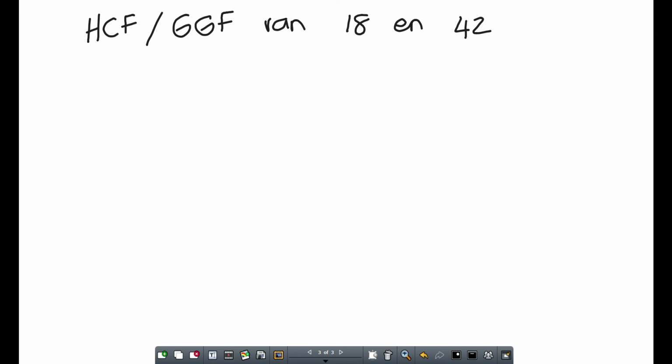Hulle val uit, ja. Moet ek dan sê 2 maal 3? Yes. 2 maal 3. Ek moet dit net sê 2 maal 3. Ek het nou nog gesê, onthou, omdat al is dit 2 keer daar, jy moet dit net 1 keer skryf, want jy wil net weet wat is dieselfde.